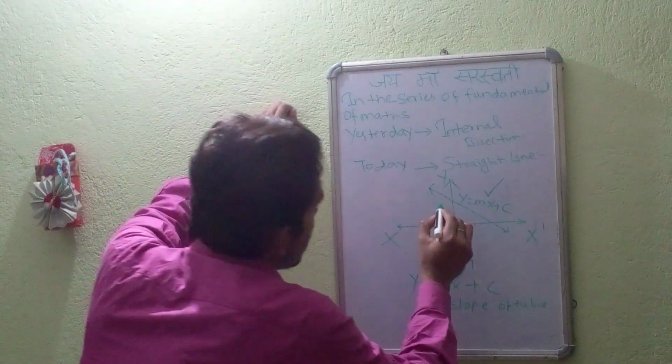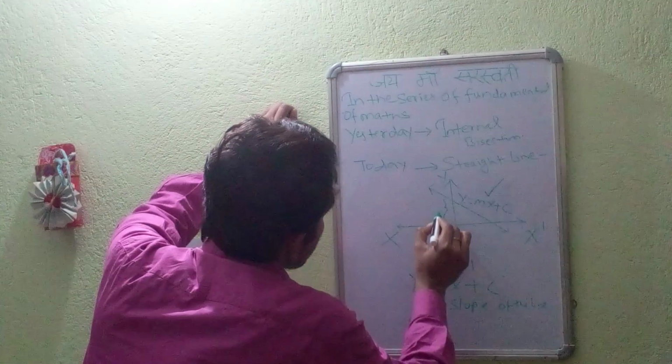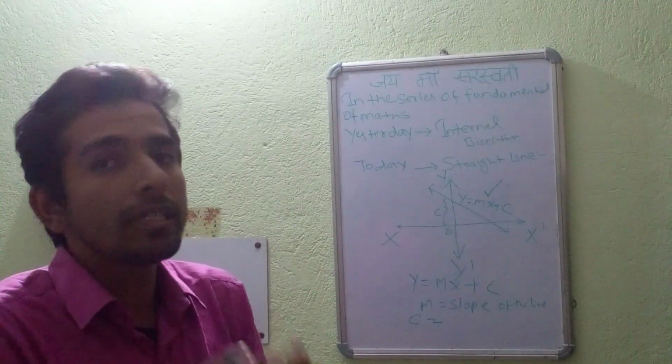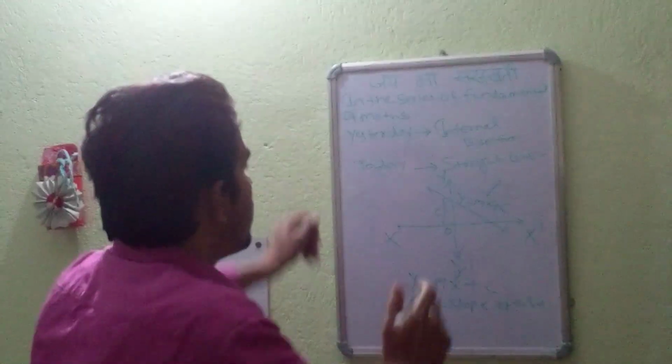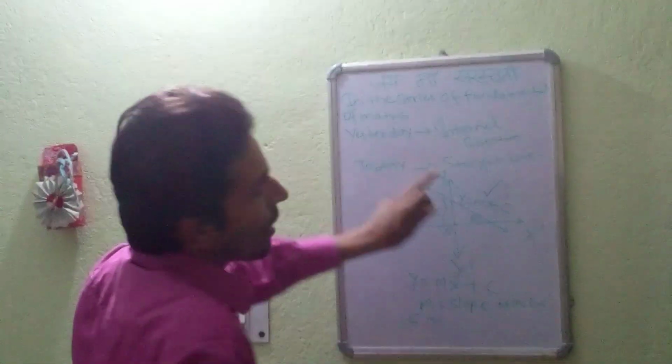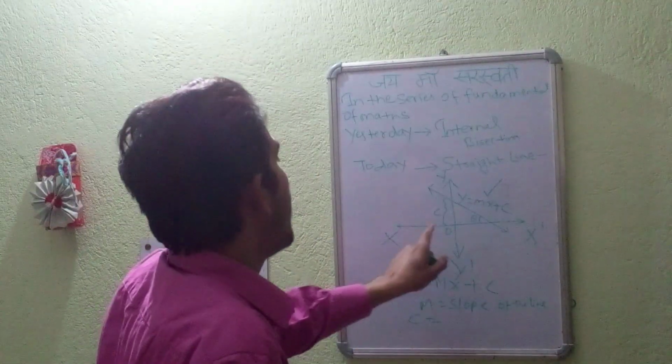So this part is the c, which we know as the intercept on the y-axis. And this is the angle theta, the angle between the straight line y equals mx plus c and the x-axis.